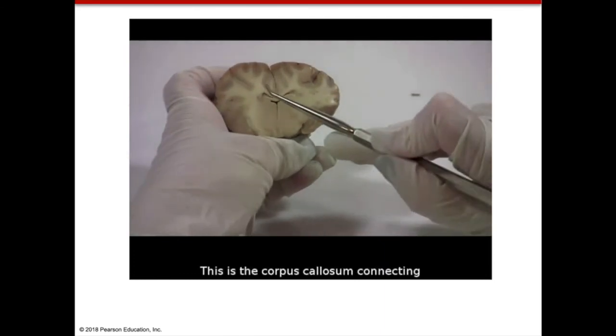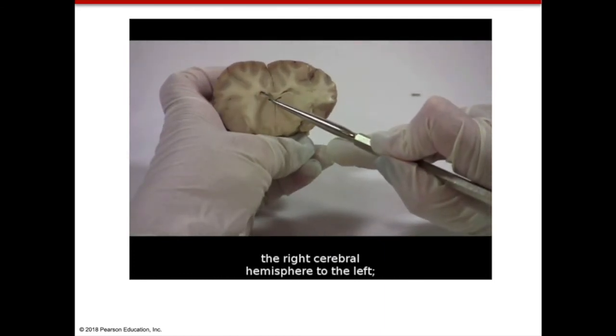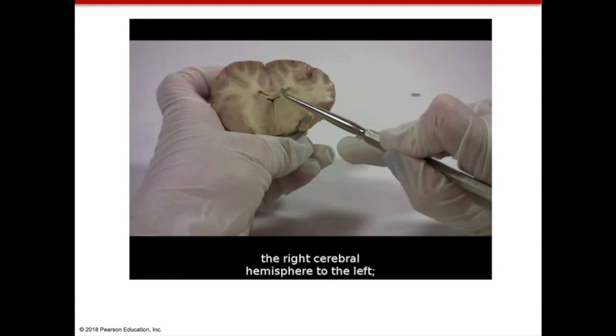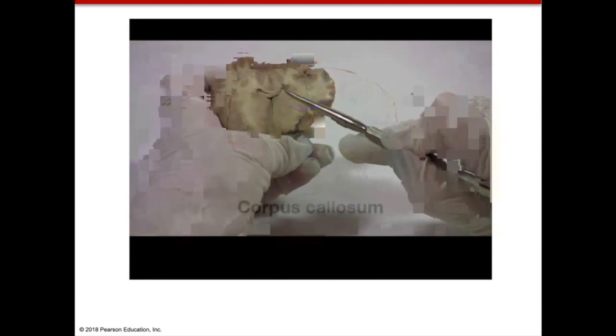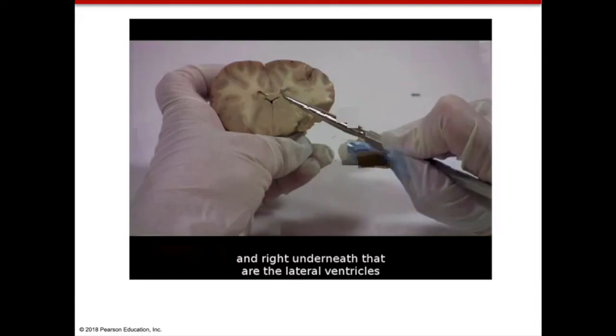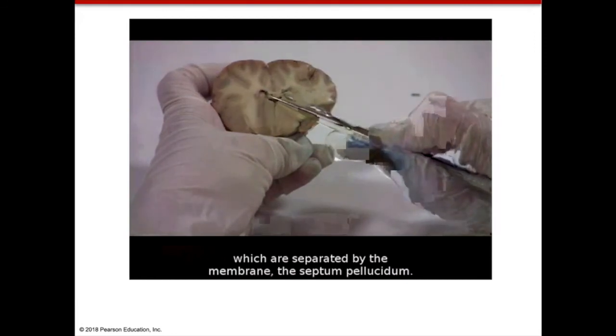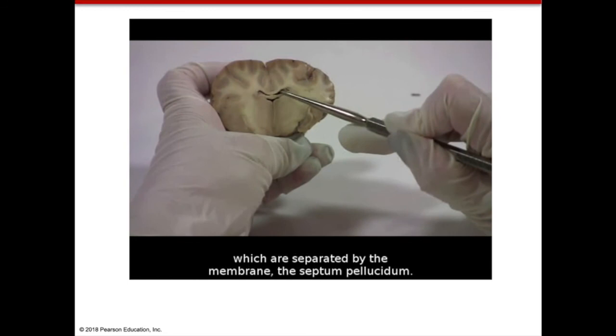This is the corpus callosum, connecting the right cerebral hemisphere to the left. And right underneath that are the lateral ventricles, which are separated by the membrane, the septum pellucidum.